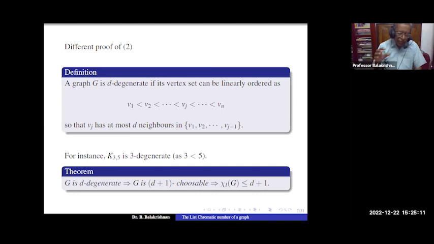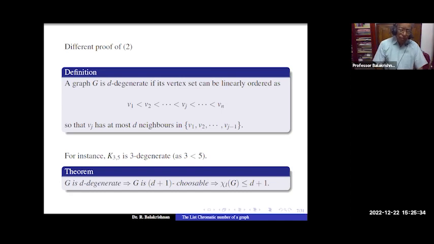So you have attached k-subsets at each of these vertices. Suppose the graph is not k-choosable.